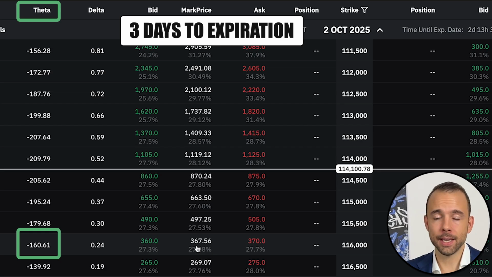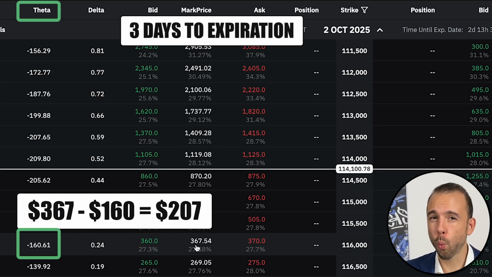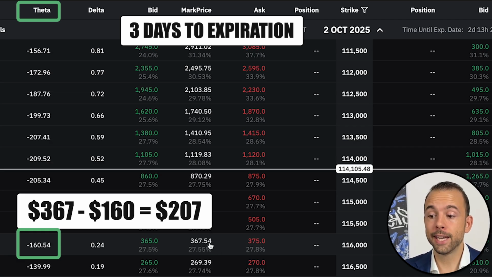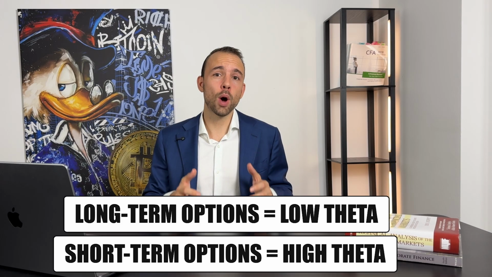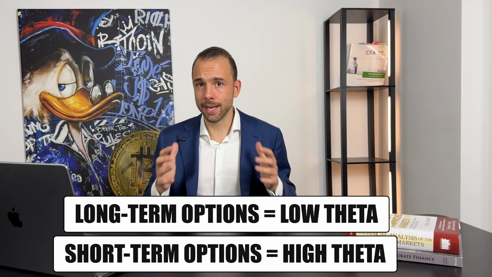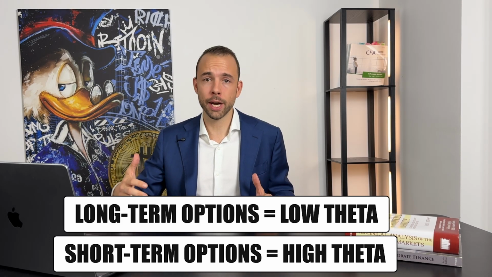So that means if everything stays the same, tomorrow this option will lose $160 and will be equal to a bit more than $200. And here you can see that this option loses almost half of its value per day if everything stays unchanged. And that's why it is very important to understand theta before starting to trade options.